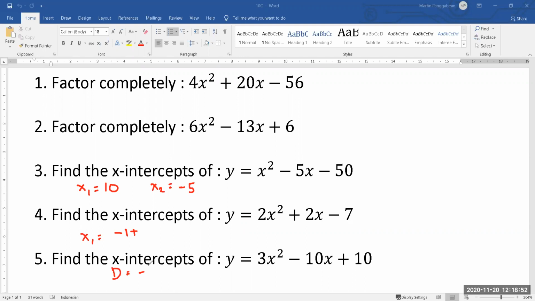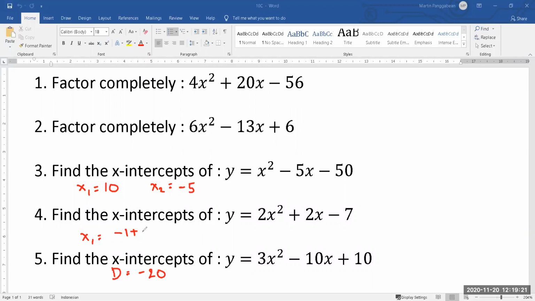Any other answer different from -5? -20, yes. So it's safe for you to check the D first, and whenever you get a negative, there is no x-intercept in real numbers. But after that, you will have to find the exact value in imaginary numbers.